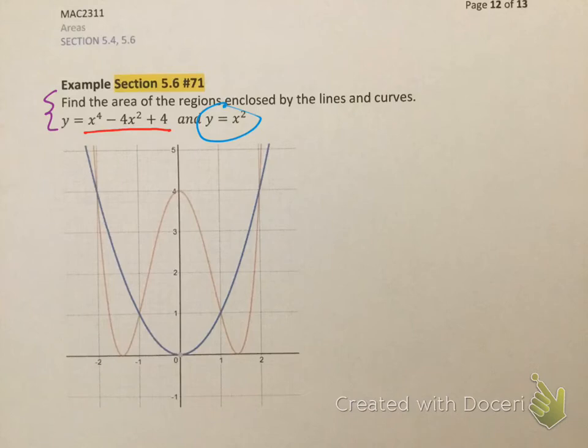A couple of things that we need to do. You are going to be asked to find points of intersection, and I want to be able to help you do that. I'll go ahead and erase.